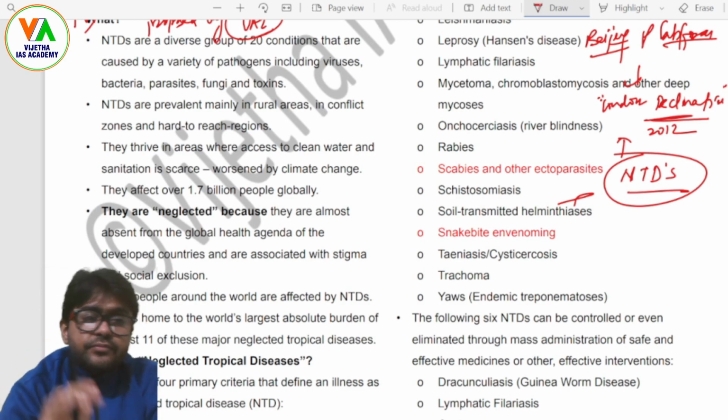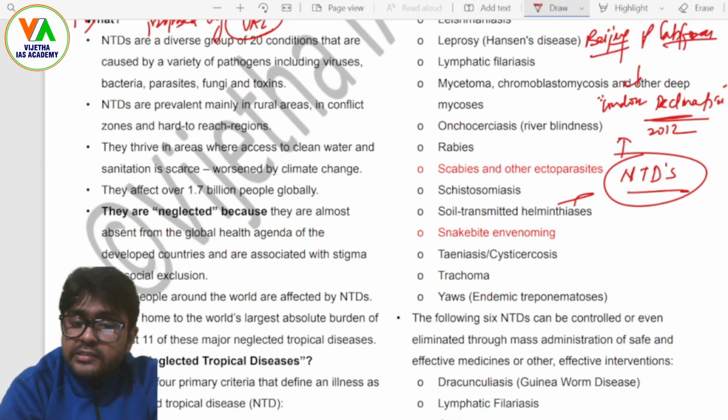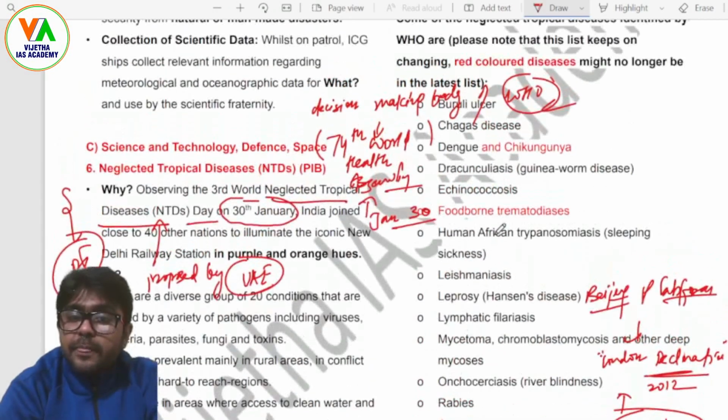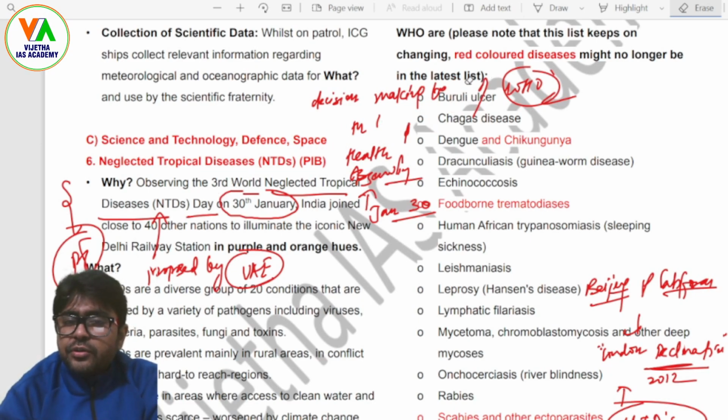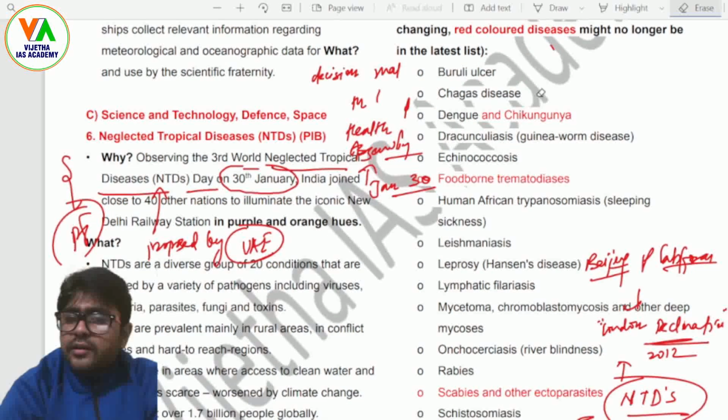Now, in this context, if we take a look at what all diseases are covered, let's make some space here so that you can easily see the diseases.